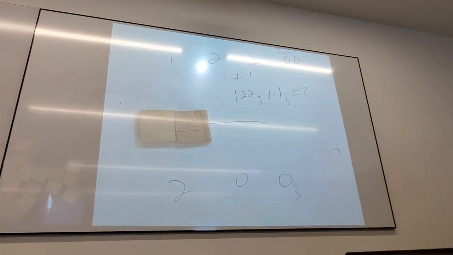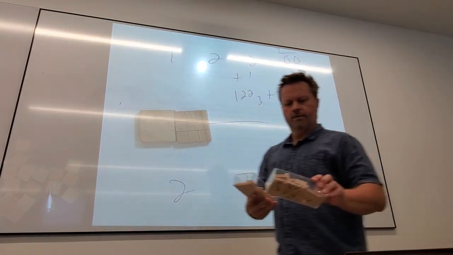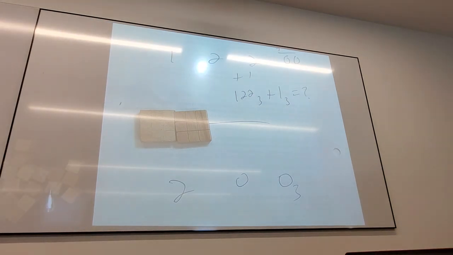Let's see. Can I do this less efficiently? I need your longs. Base 3 longs. And then base 4 longs. Base 3 longs. Oh, sorry. And then base 4 longs. Base 3 longs.